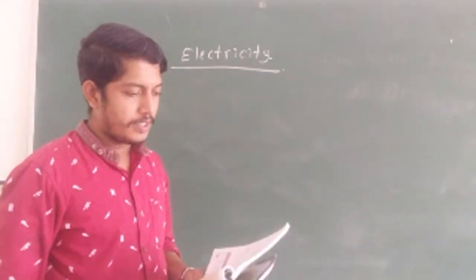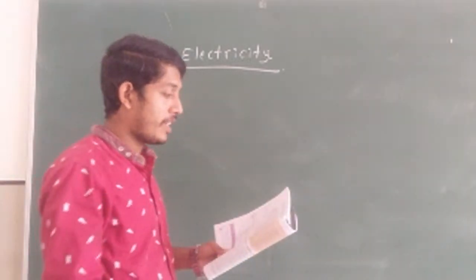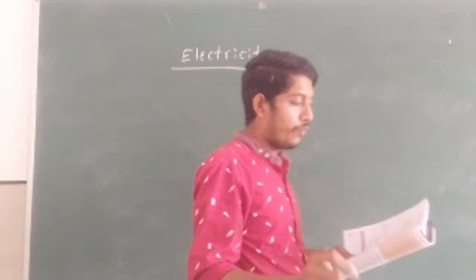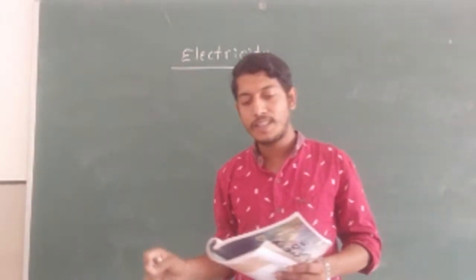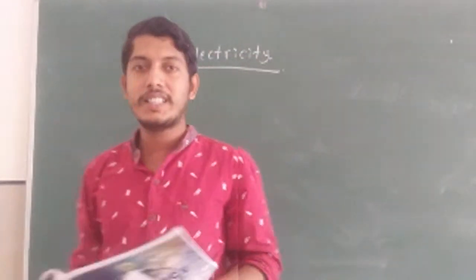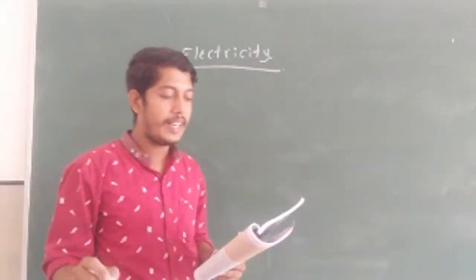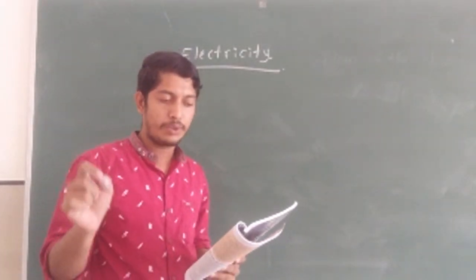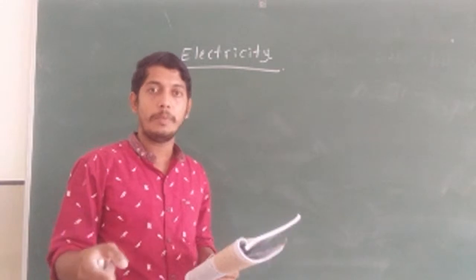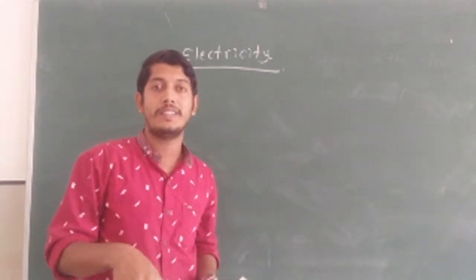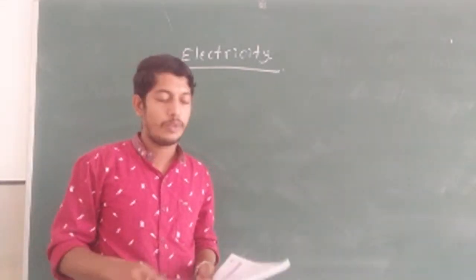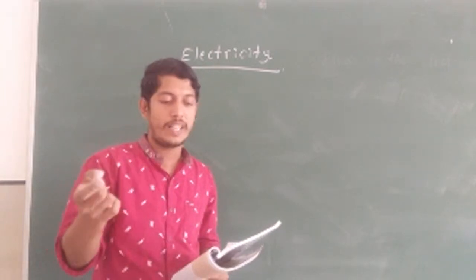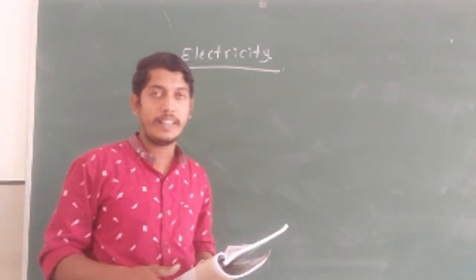Then in the second paragraph they give that the SI unit of electric charge is the coulomb, which is equivalent to the charge contained by nearly 6 into 10 raised to 18 electrons. So 1 coulomb is equivalent to 6 into 10 raised to 18 electrons.